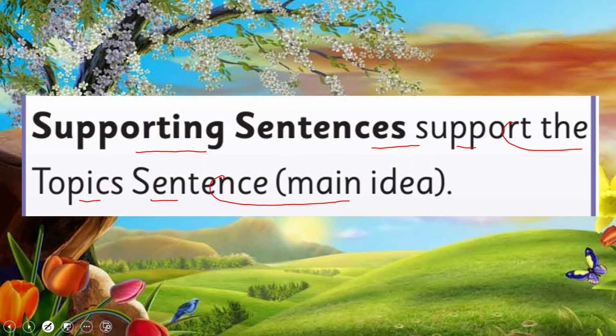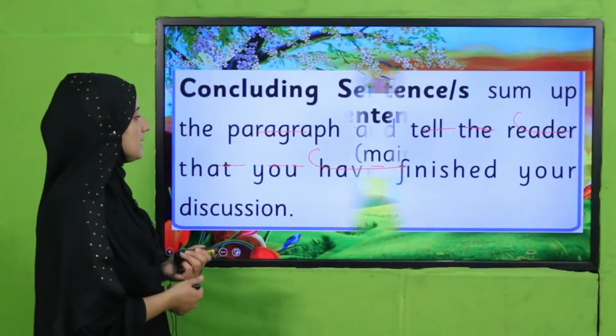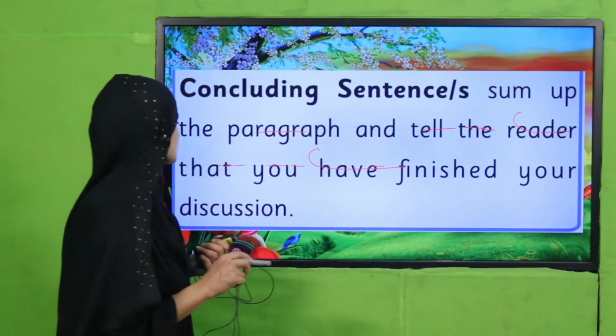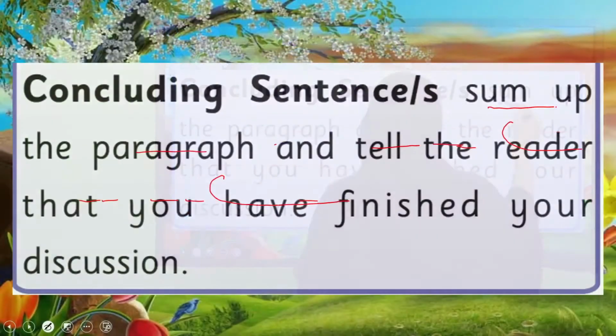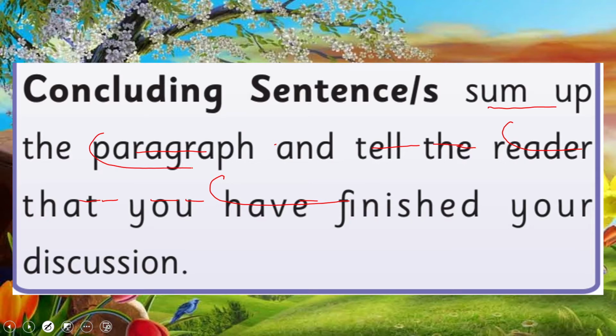Next is the supporting sentence. Supporting sentences support the topic sentence and the main idea. And what is the concluding sentence? A concluding sentence sums up the paragraph and tells the reader that you have finished your discussion.